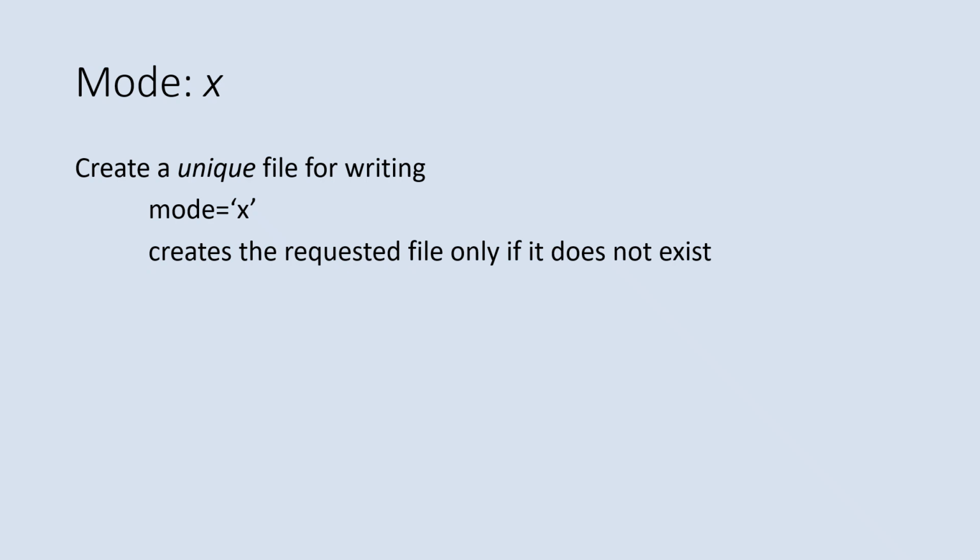So what this will prevent you from doing is accidentally overwriting a file. If you try to open in mode X, if that file name already exists, we get an error message. File exists. And so this will prevent the accidents of overwriting something that you didn't mean to overwrite.